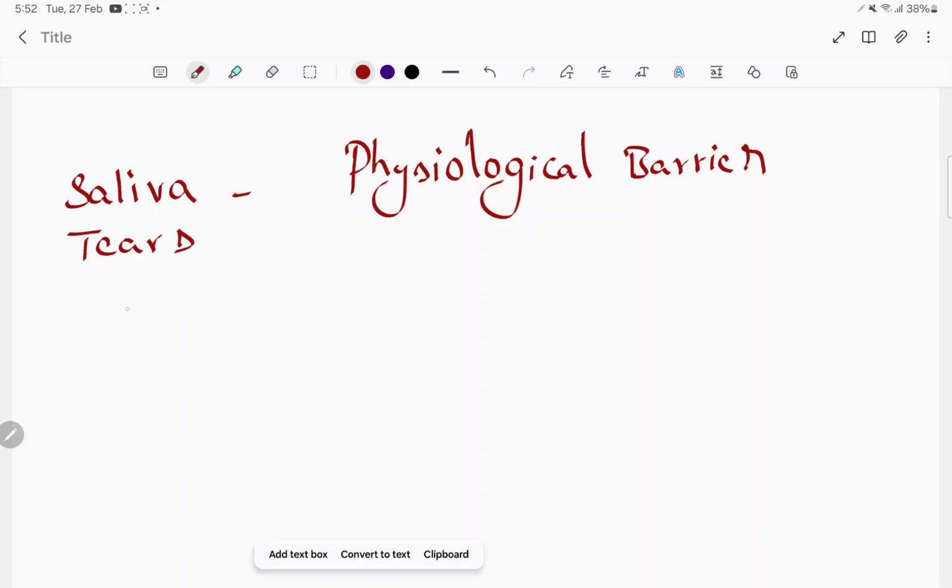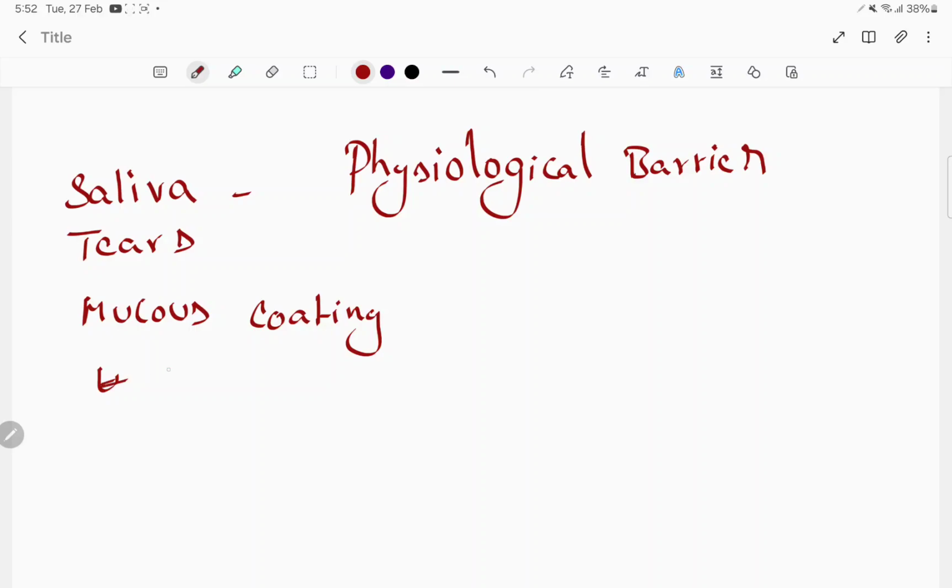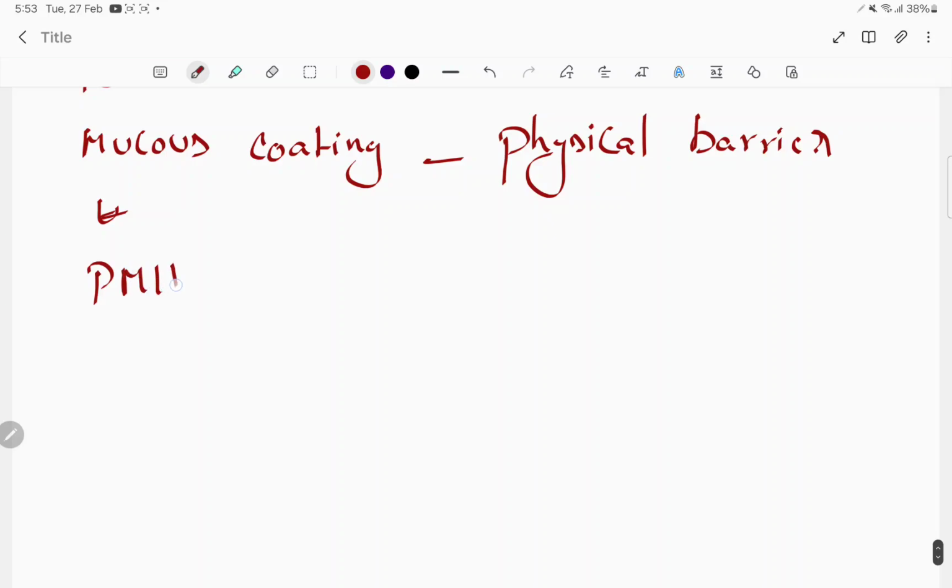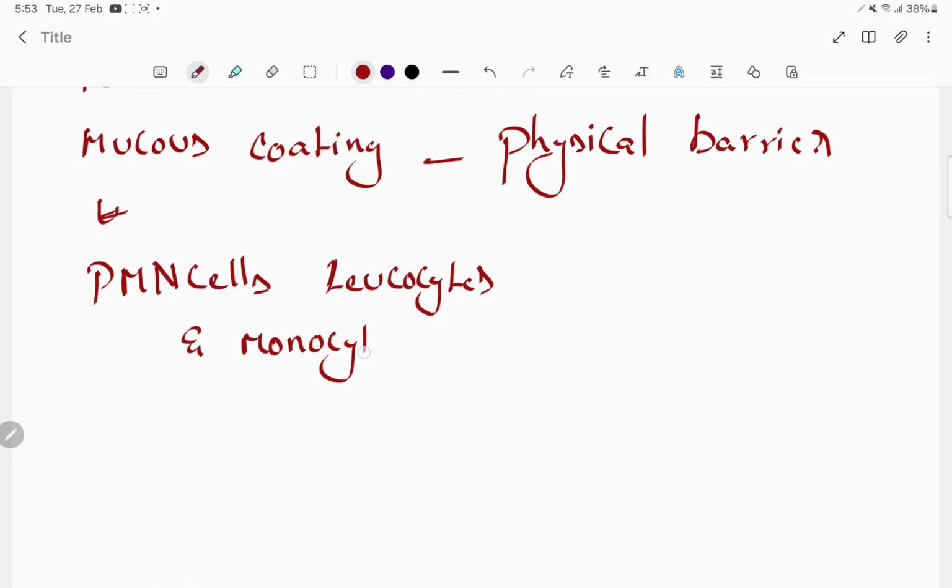Mucus coating of epithelium and urogenital tract, so these are physical barriers. Polymorphonuclear cells of leukocytes and monocytes are the cellular barrier.